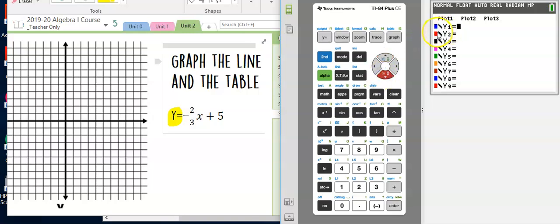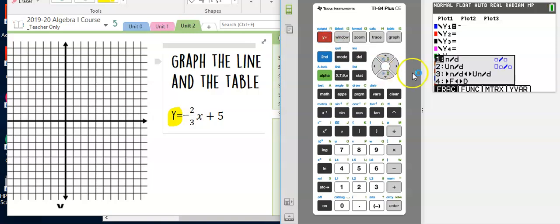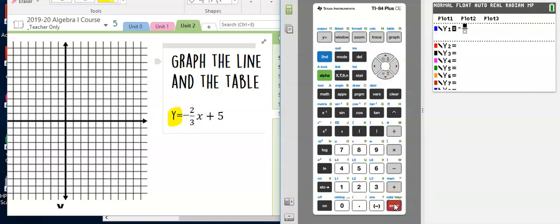Next to the y sub 1, I'm going to type in this fraction, negative 2/3 is typed by pressing alpha y equals 2. Now it got difficult. Let's see if I can get it to go back.